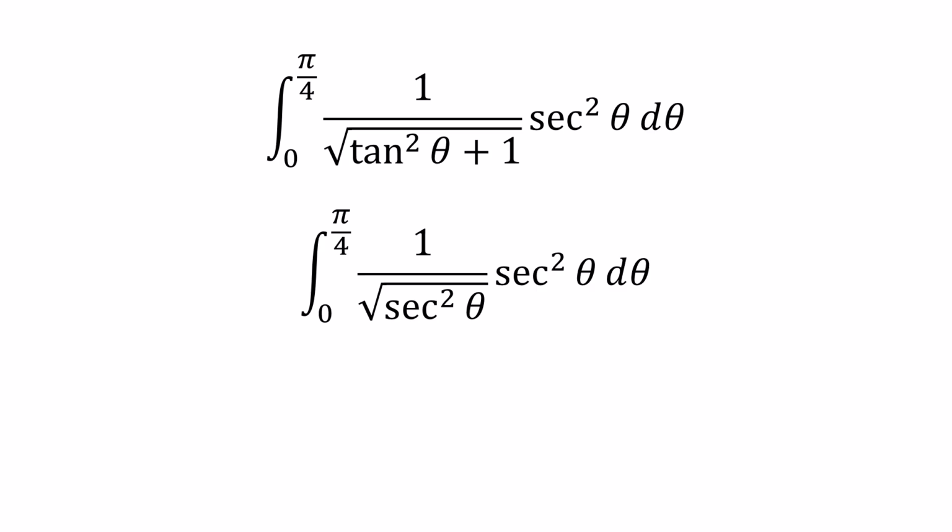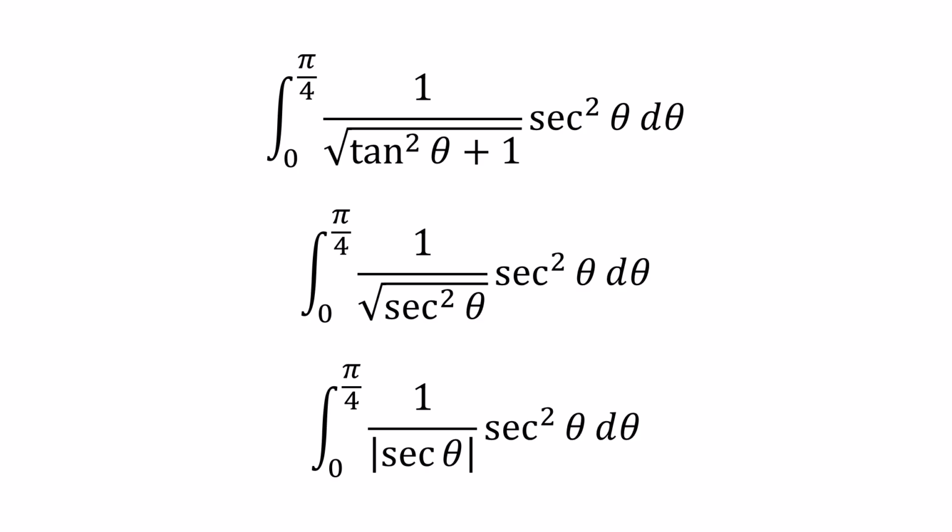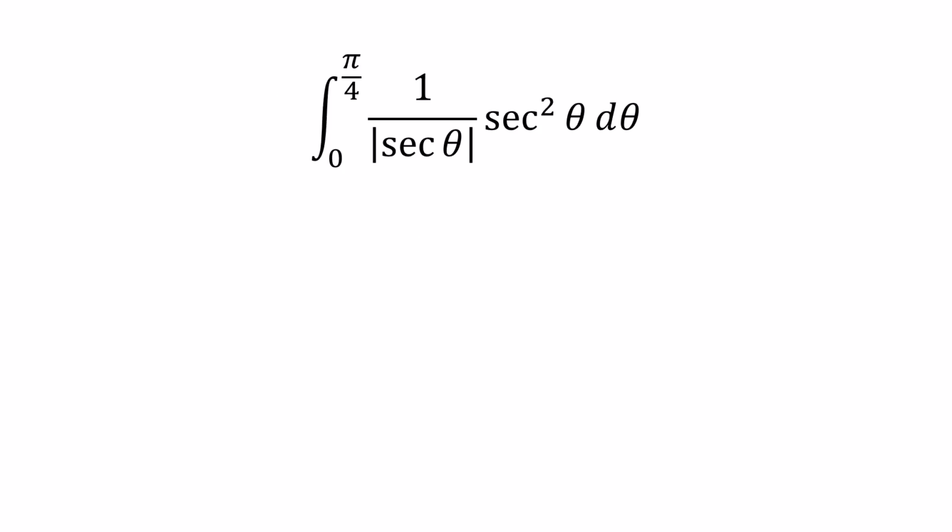Taking the square root then gives the integral from 0 to pi over 4 of 1 over the absolute value of secant of theta, times secant squared of theta d theta. Since secant is positive over the interval of integration, we can drop the absolute value bars.